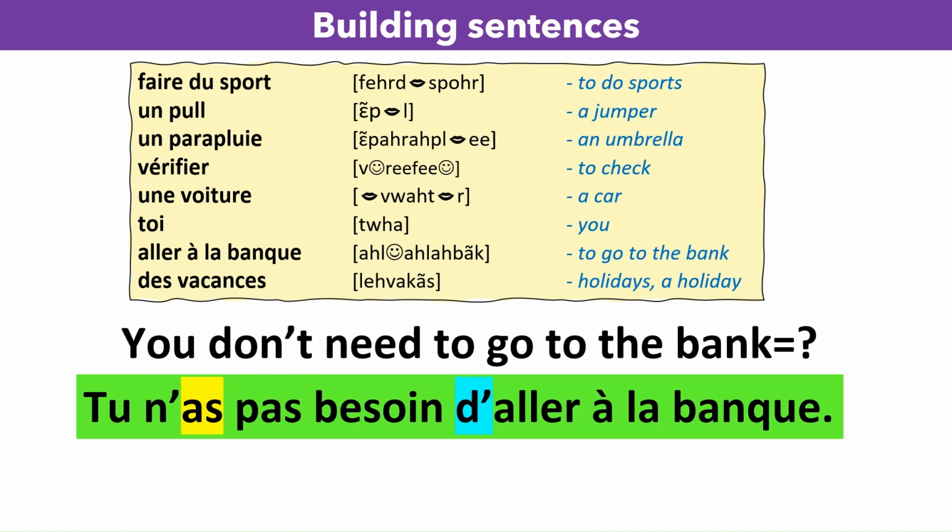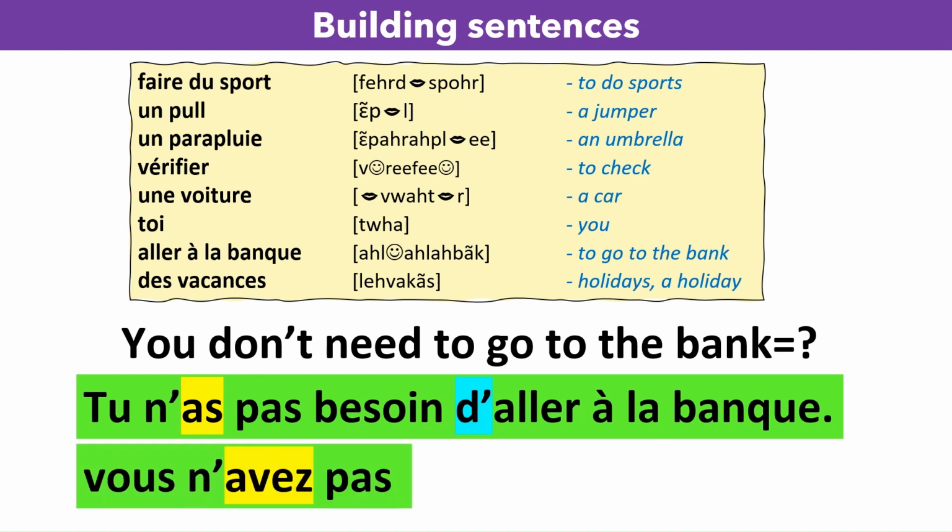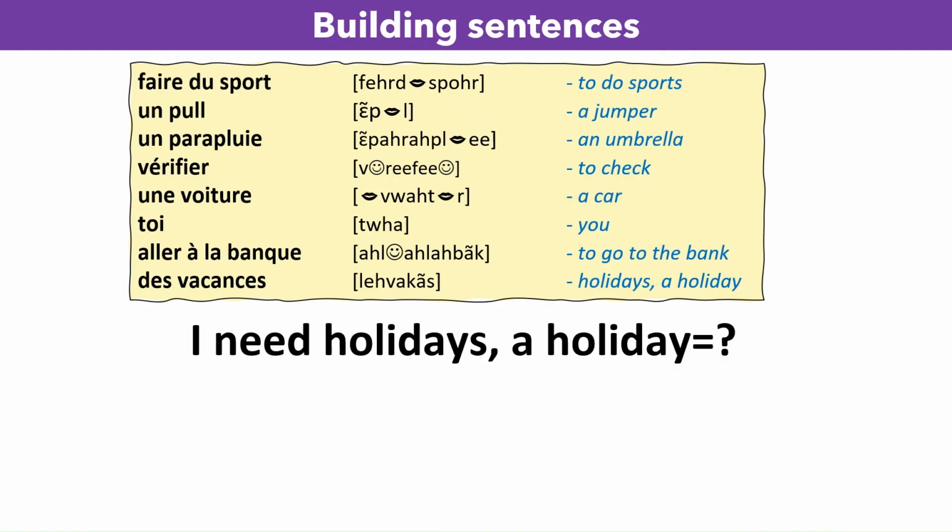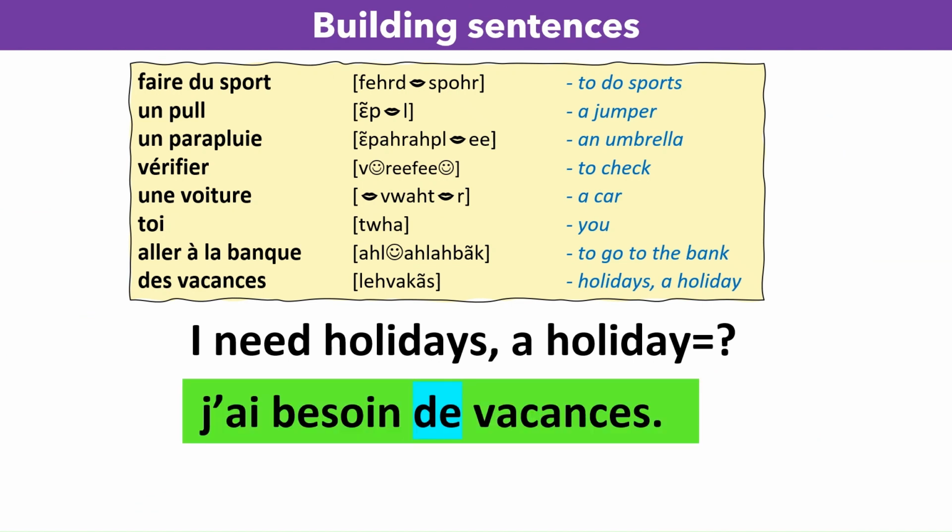Tu n'as pas besoin d'aller à la banque if you're using the familiar form, or you could use vous n'avez pas besoin d'aller à la banque. J'ai besoin de vacances.